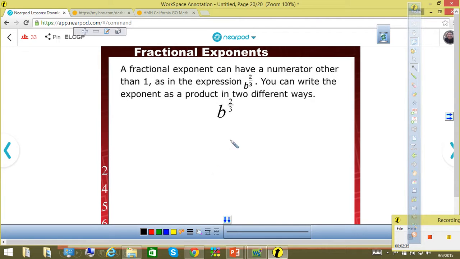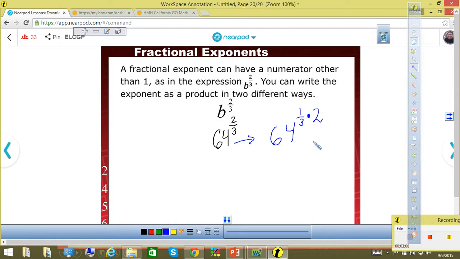And underneath that, I want you to write 64 to the 2/3. Now, there's two methods as to how to rewrite this expression. So pens down, eyes up here really quick. 64 to the 2/3, yesterday I showed you that this can be rewritten like this: 64 to the 1/3 times 2.